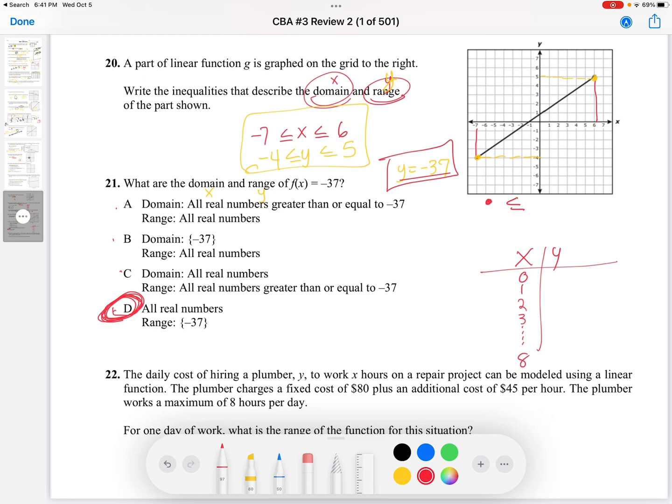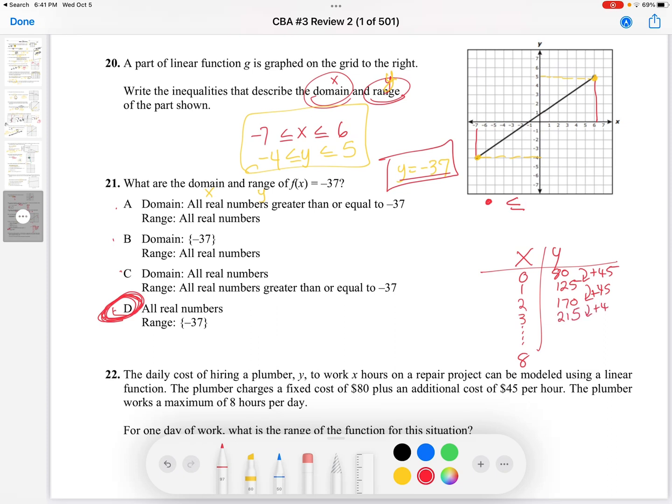Now, even if he doesn't start, if he comes out there, he's charging you $80 and then $45 for every hour. So after the first hour, it's $125. I got this just by adding 45. The next hour is going to be $170 for 2 hours, right? We're just adding 45. Take this through your calculator and just keep adding 45. I believe this is 215.